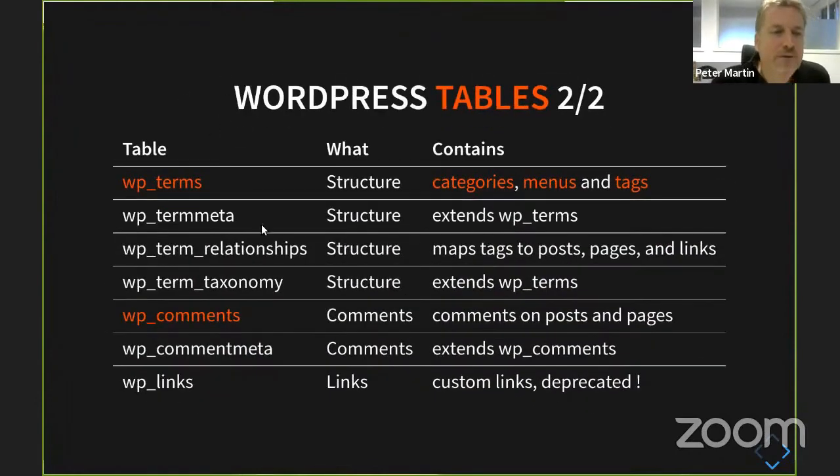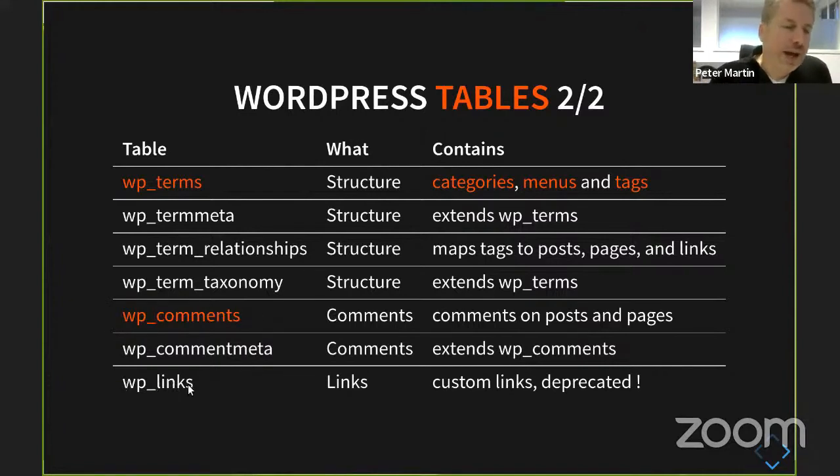And then we have the WP terms. The terms is used to store the categories, the menus, and the tags. So 3 different content items are all stored in one table. And here you can see that WordPress was started as a blogging platform. They have WP comments by default, and they changed later to a CMS.